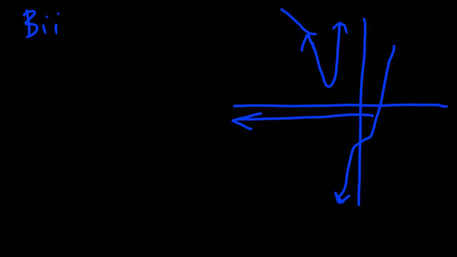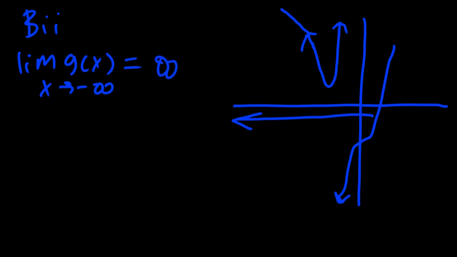So your answer should be the limit of g of x as x decreases without bound, so x is going to negative infinity, is equal to infinity, because this line right here is going up forever and ever.